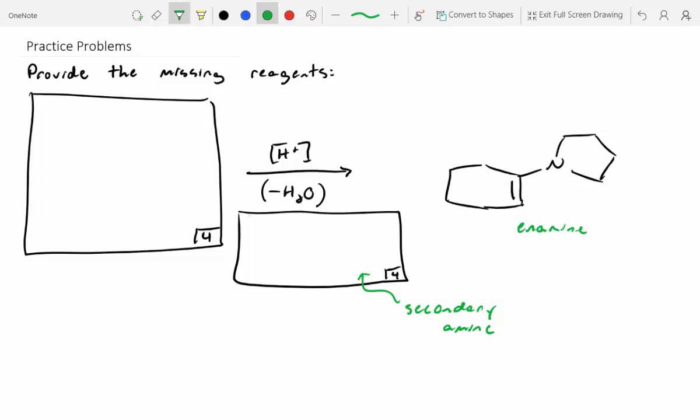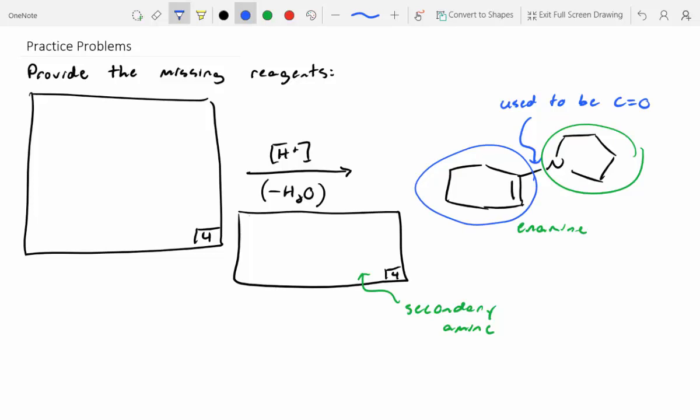And then we know that when we form an enamine, that this used to be a CO bond, right? So if we break this apart, we can say that, well, in this case, this probably was our amine, and then this side over here used to be our ketone, right?